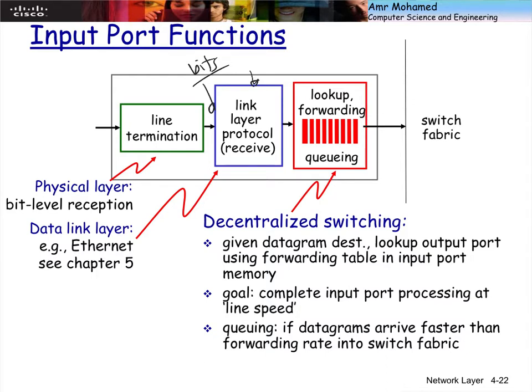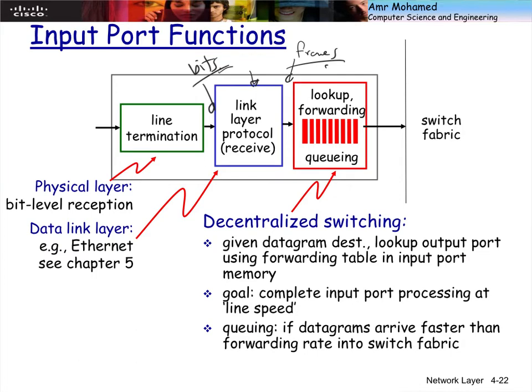The link layer part performs the data link layer functions, including the error control at the data link layer. Of course, these bits will be converted into frames, okay?